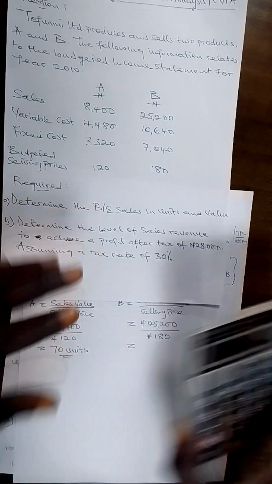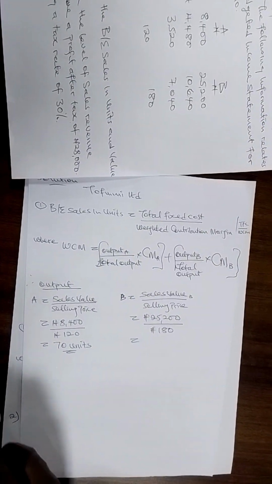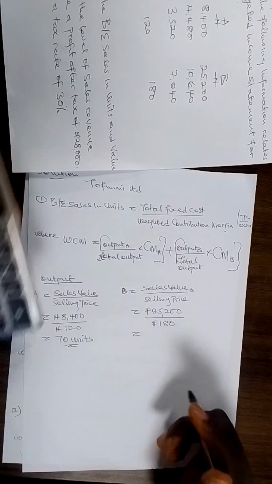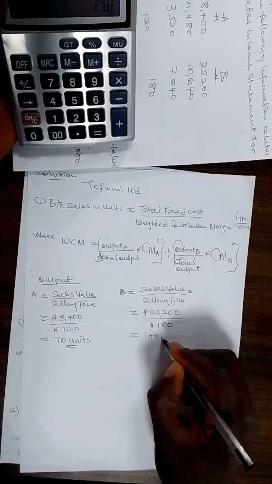So let's compute this. We have 25,200 divided by 180. So this is 140 units.